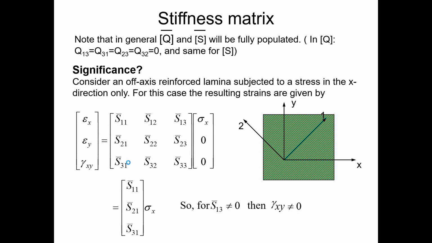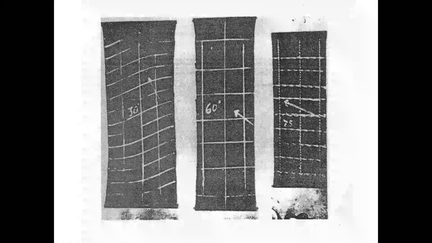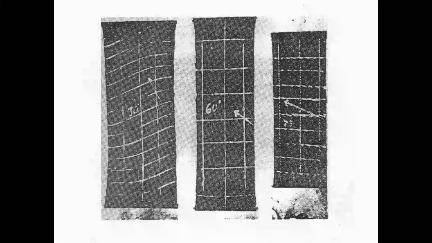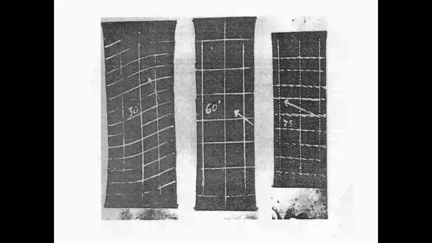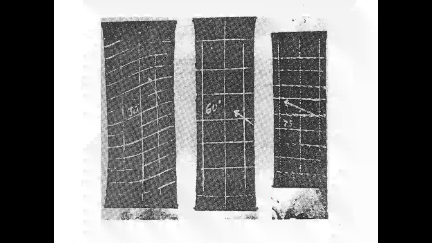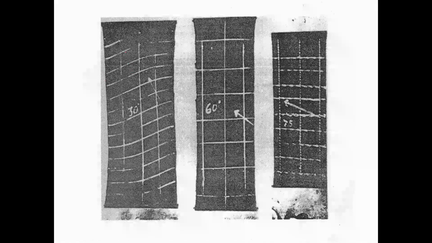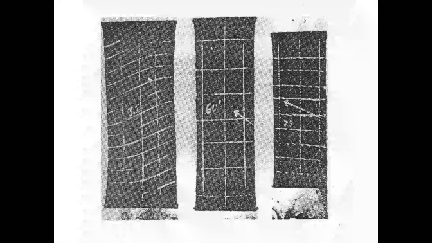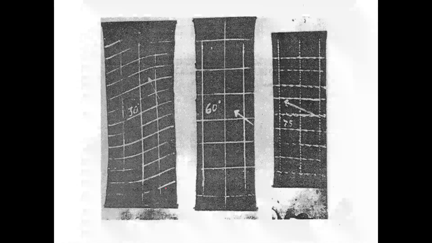Essentially, if S13 is not 0, then gamma xy is not 0 either, and it elongates the material. This is something we can observe in experiments as well. When you load off-axis samples, you will see a very long uniform deformation of the materials.